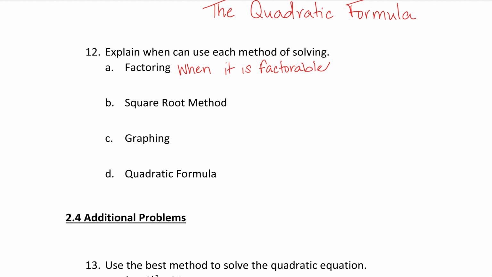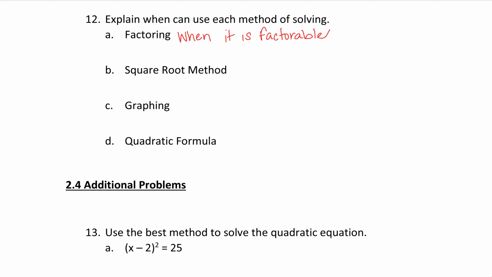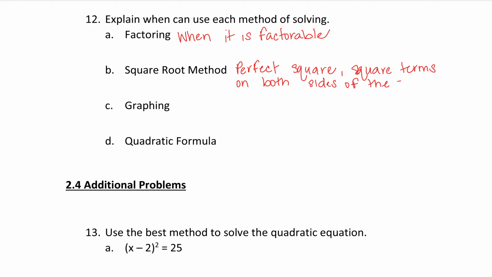So we factor when it's factorable. When do we use the square root method? Well, when it's a perfect square, so that we square the terms on both sides of the equal sign, which is exactly what we did above.